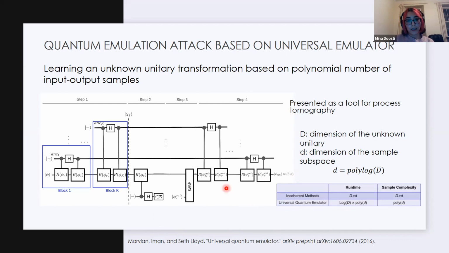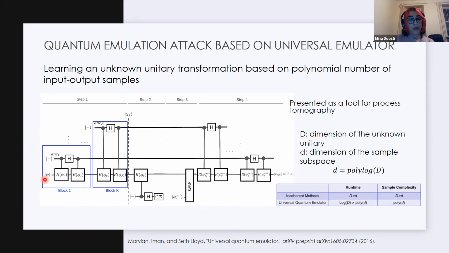You can see the circuit of the algorithm on the left. The idea for this algorithm is actually quite interesting. It works almost like an extended version of the Grover algorithm, where you want to amplify the probability of finding your state somewhere specific, but in a specific subspace instead of on a specific state.